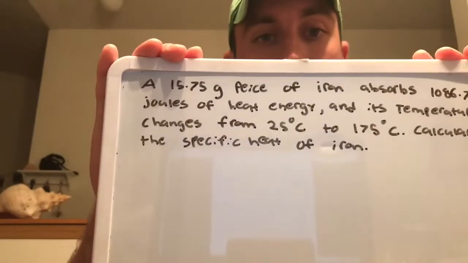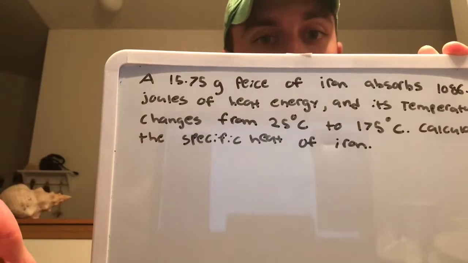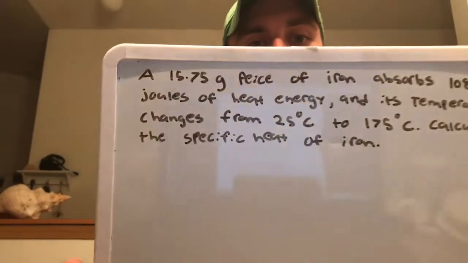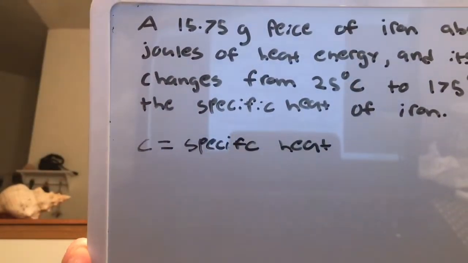So if you pay attention today to what we're going to be doing together, you're going to have the answer for number 1. So make sure you follow along with me, all right? There's a couple things that we need to be able to identify. First and foremost, we need to know that C equals specific heat. So for those of you taking notes, C equals specific heat, and that's what we're going to be measuring right here.